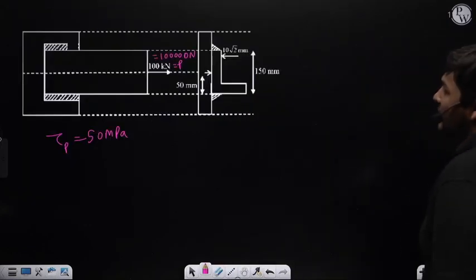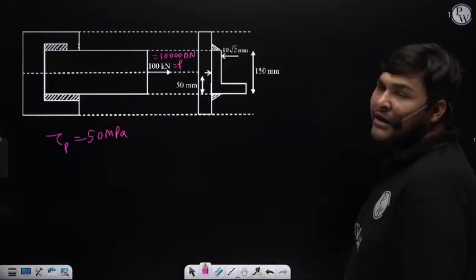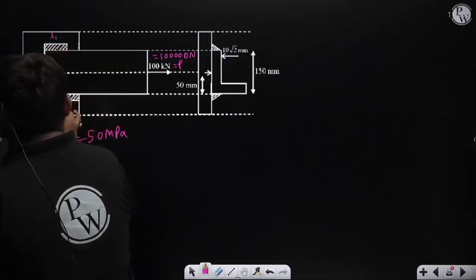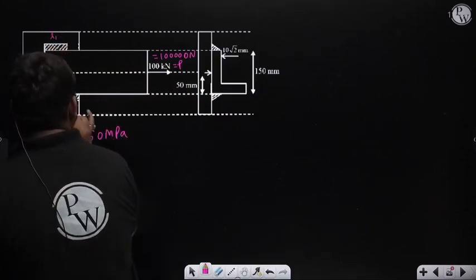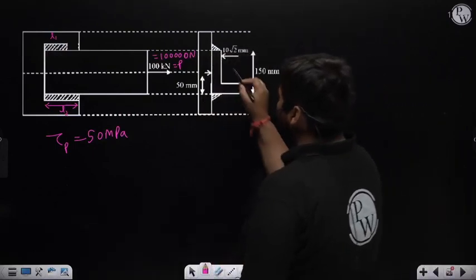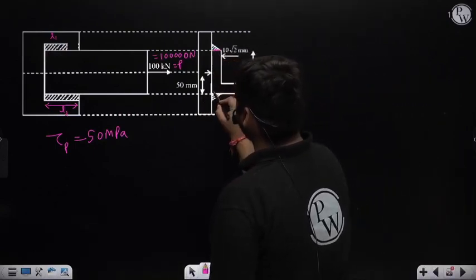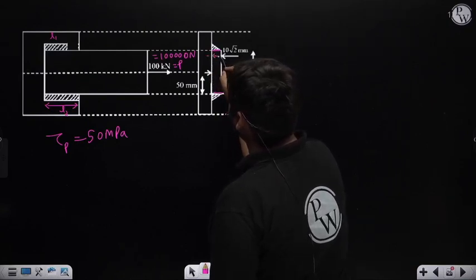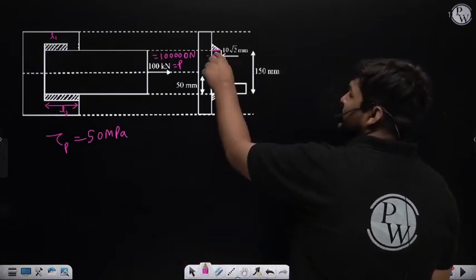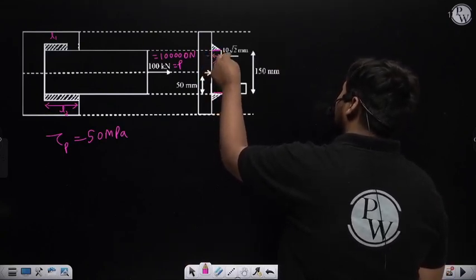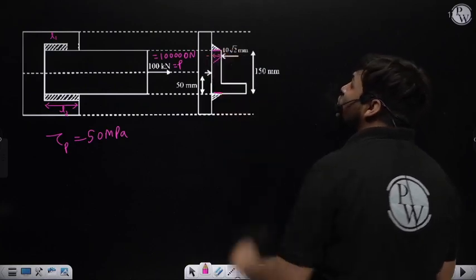For that, first we will ensure, since it is the case of parallel fillet weld, suppose the length of the top weld is L1 and the length of the bottom weld is L2. Now, the leg of the weld is already given. This is the leg of the weld, and you can see the leg dimension is equal to this thickness, which is 10 root 2 mm.